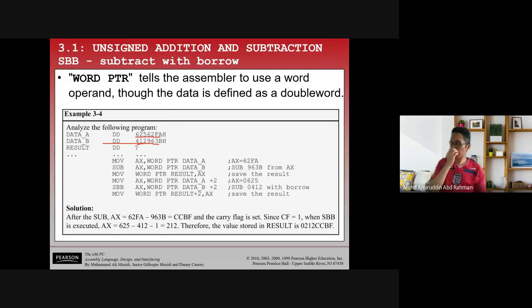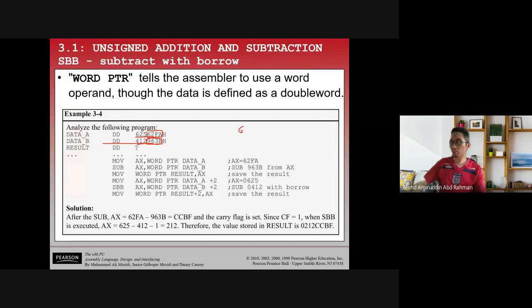So the word PTR will take this 62FA. Word PTR data A is put into the AX. And for the data B, it will take the last 4 digits. Word PTR data B, and then the subtraction. Perform the subtraction. So what do we have?